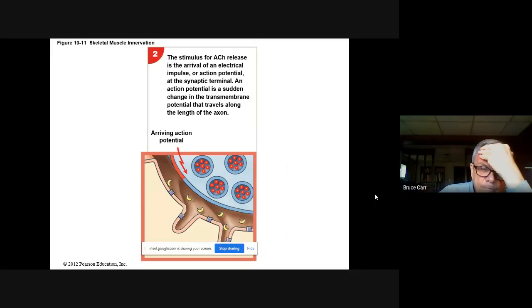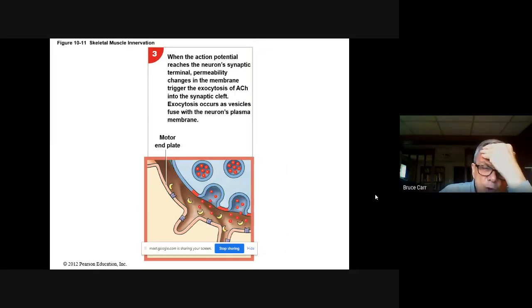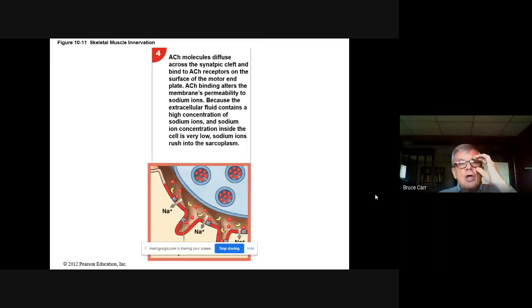Diffusion and dumping. The neurotransmitter then floods the synapse and binds the receptors that are on the postsynaptic membrane. That causes gates in the postsynaptic membrane to open, and as you notice, sodium rushes across. That completely changes the electrical balance.